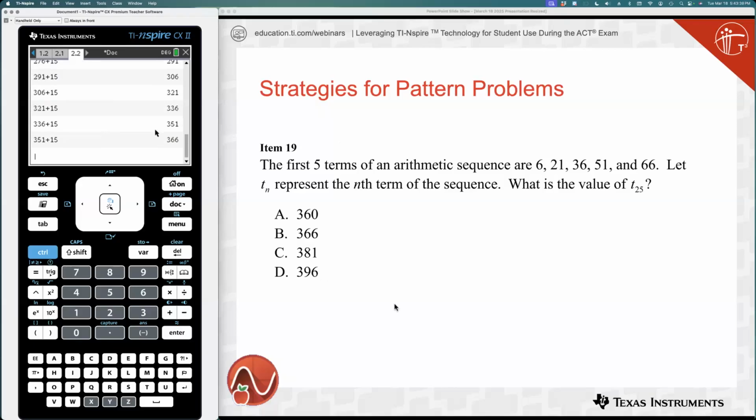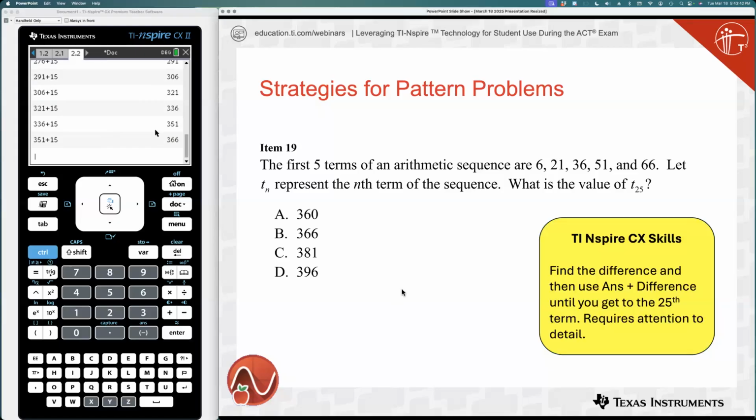We have another question though. We wanted to make sure that we had a whole variety of things, and we talked about specific strategies with calculators. Again, when I introduced this to my students the first time, I am using this constant adding type of idea. So we can find the difference, use the previous answer plus that difference until you get to the 25th term.